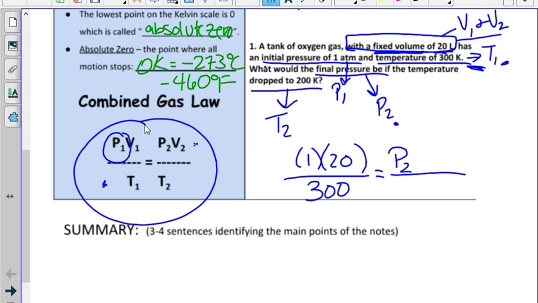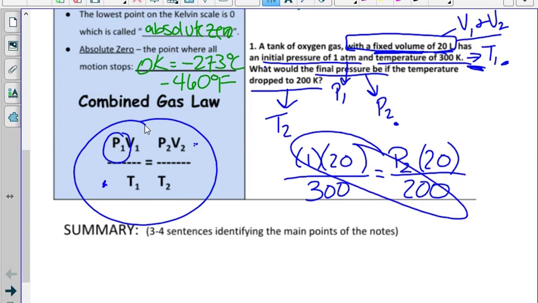V2, right, we already know is still 20. Okay, then what about T2? T2 is 200. Okay, so in order to solve this, you have to cross multiply. Just like when we were doing density, we're cross multiplying. So 1 times 20 times 200, and then you're going to do 300 times P2 times 20.